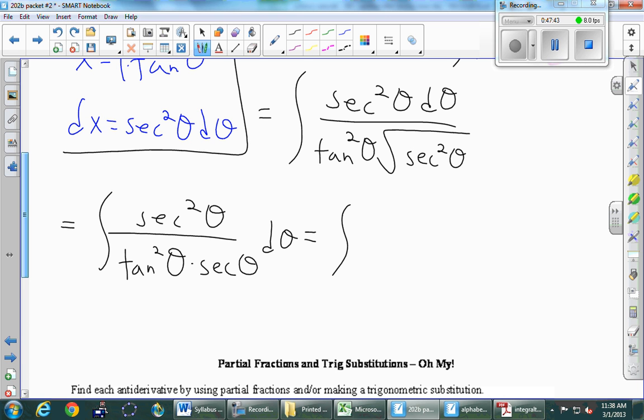We've got this new integral, and again, there's no guarantee it's any better than the original, but at least it's different, something else to try. So we've got that, canceling one of the secants. We're going to change all of these things into sines and cosines and see what it really is.